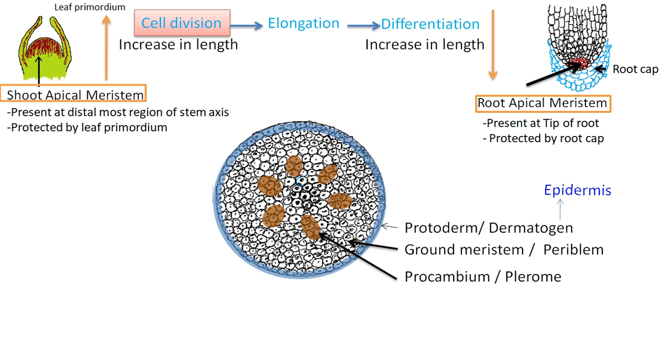For example, the protoderm gives rise to epidermis, the ground meristem gives rise to ground tissues like cortex, pith, pericycle, medullary rays, while the procambium or plerome gives rise to vascular tissue like the primary xylem and primary phloem. That is why these three regions are called primary meristem. So from the apical meristem, we are now at the primary meristematic stage.